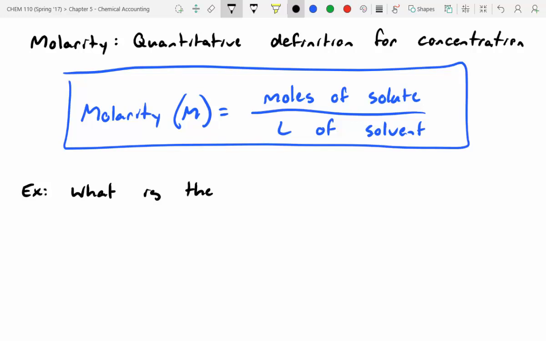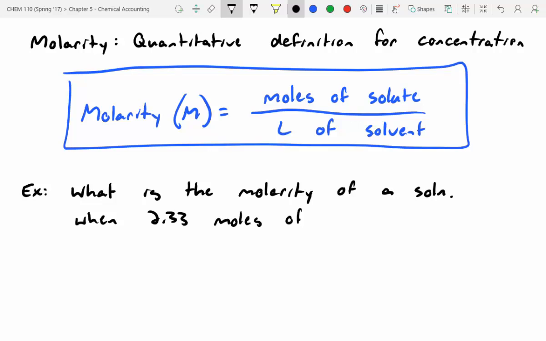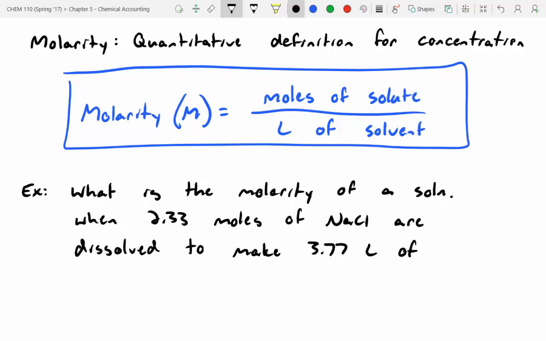What is the molarity of a solution, and I'll abbreviate solution, when 2.33 moles of NaCl are dissolved to make 3.77 liters of solution.